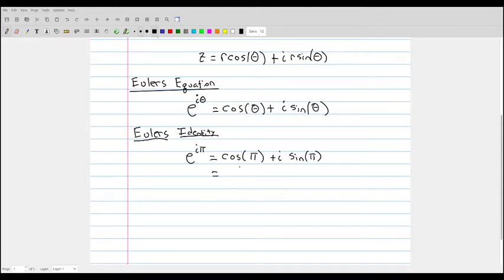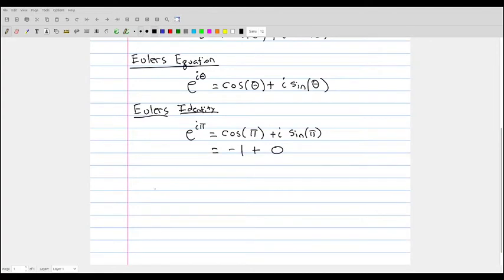We know that cosine of pi is -1 and sine of pi is 0. So this leads us to the identity that e to the I pi plus 1 is equal to 0. And this is what's called Euler's identity.